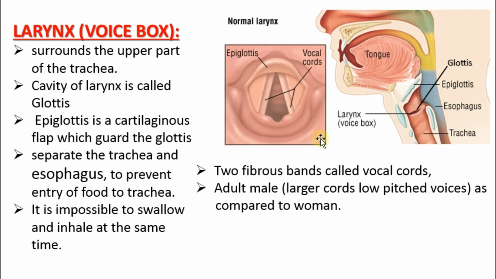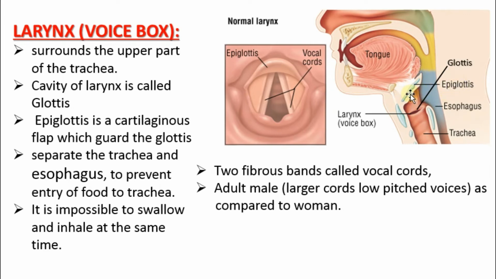After that, the larynx starts, which we also call the voice box. It is located in the upper part of the trachea. The cavity of the larynx is called the glottis, like here. Over this cavity, a cartilaginous flap-like structure is present. We call it the epiglottis.